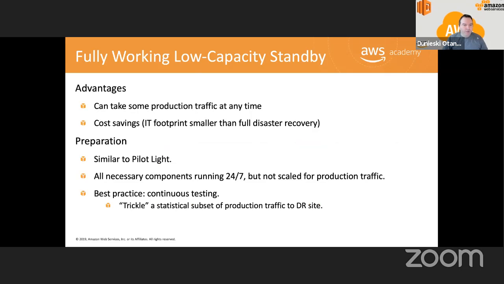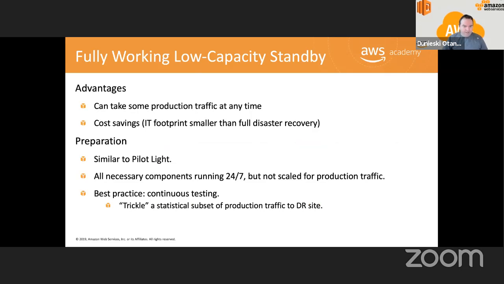Because you have 2 systems working. It's cost savings if the IT footprint is smaller than full disaster recovery, right? The preparation is similar to Pilot Light, all necessary components running 24/7. Of course, everything is running, but not scaled for production traffic until something happens, right?